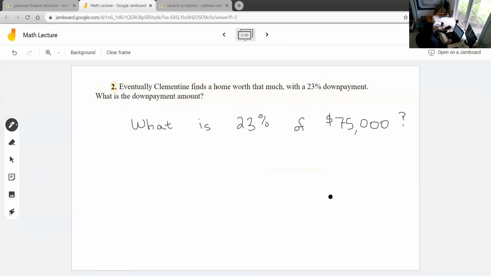We'll talk about this later because we'll move to saving for retirement probably before the end of the class. And these types of percent sentences we'll use again and again. There are two ways to do this, a translate method and a proportion method. I'm going to start with the translate method.